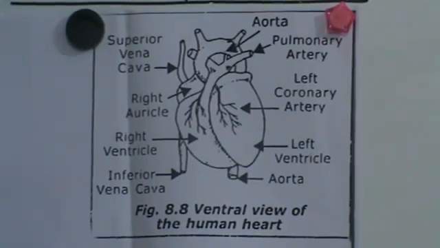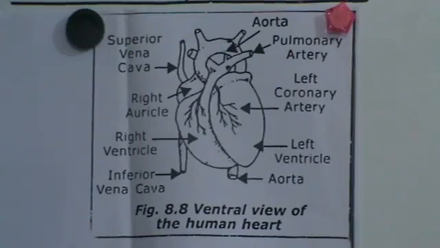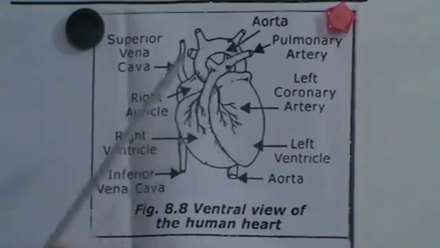You also have 2 large thick-walled chambers called the ventricles. Right, here are your 2 ventricles. Now, in between the 2 atria lies the pulmonary artery, which arises from the right ventricle.